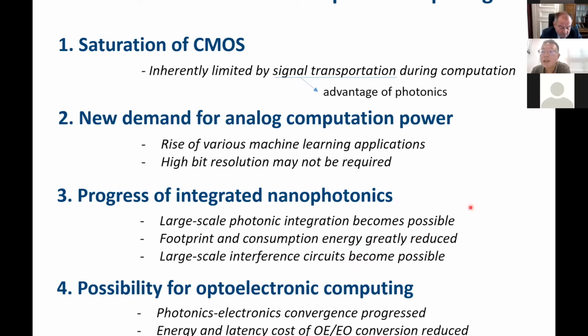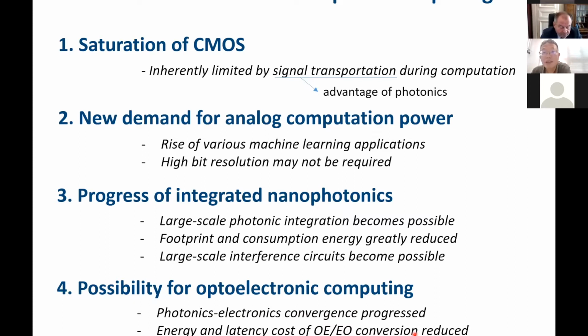Fourth, optoelectric computation becomes feasible because photonics and electronics convergence has progressed very rapidly. Furthermore, as I will show you later, the energy and latency cost of OE and EO conversion has been greatly reduced.